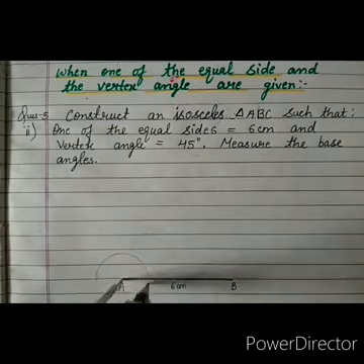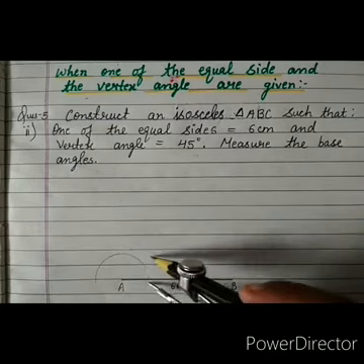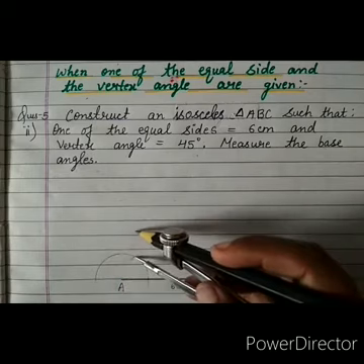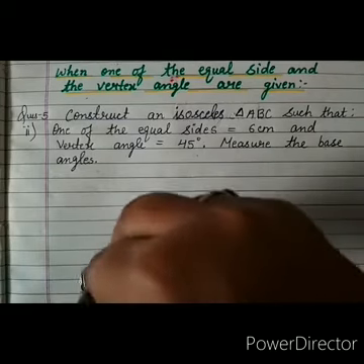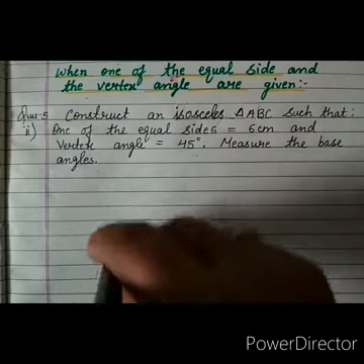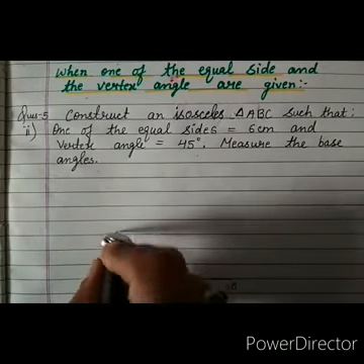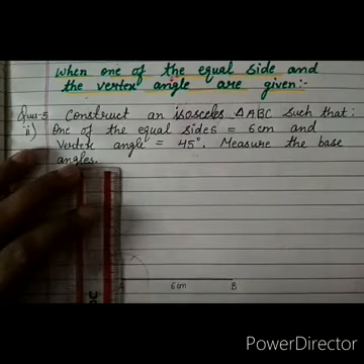From point A make an arc of any radius. Now the first arc is of 60 degree, the second arc is of 120 degree. Now in between 60 and 120 we will have 90 degree. So this is the 90 degree angle.